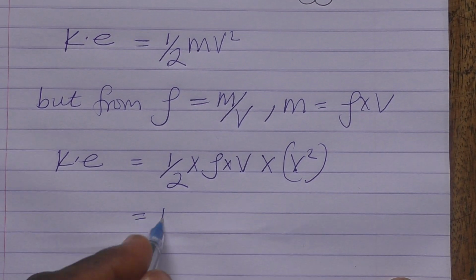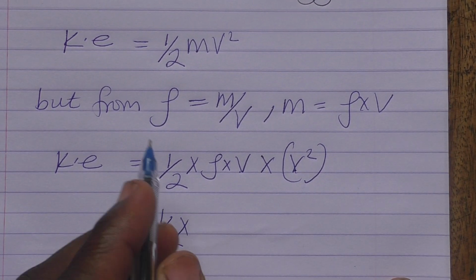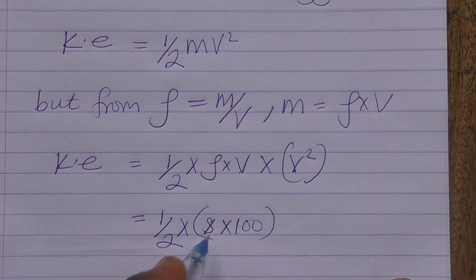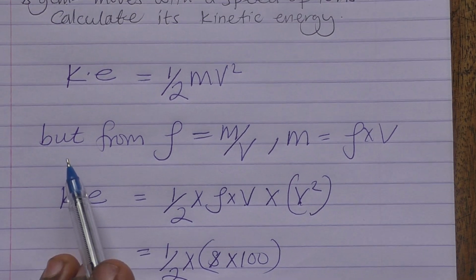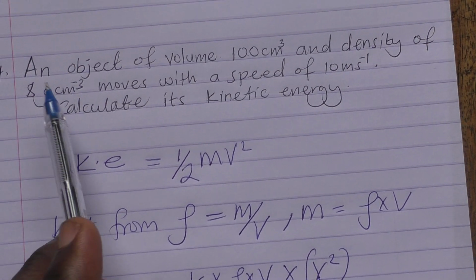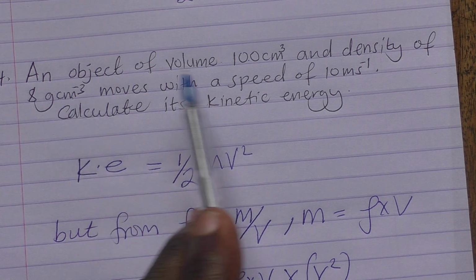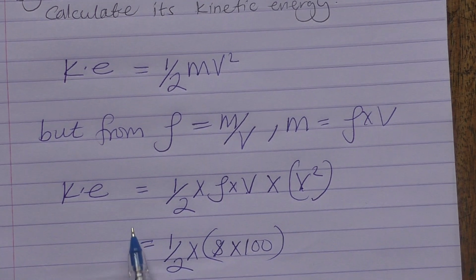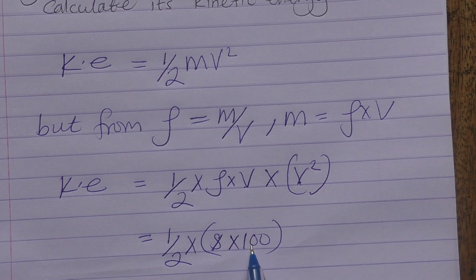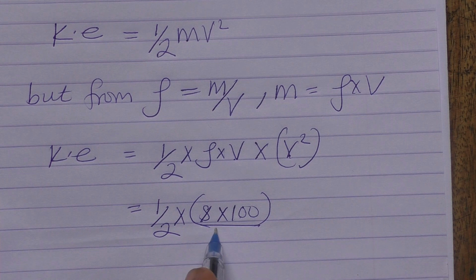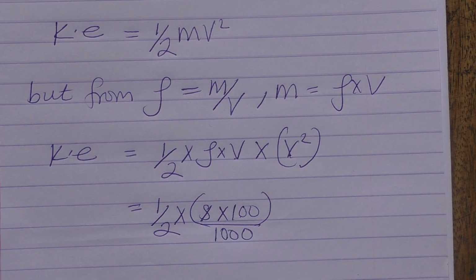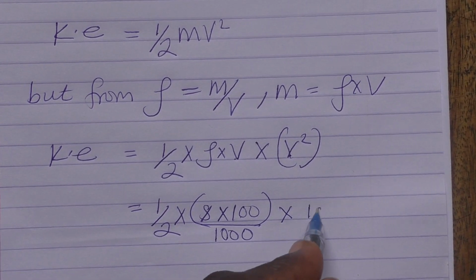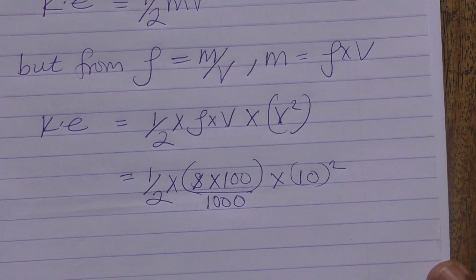So we substitute. This is a half times the density of 8 times the volume of 100. However, this one is in grams per cubic centimeter, this one is in centimeters cubed, meaning that our mass from those units will be in grams. Therefore, we divide by 1,000 to change it to kilograms. Then times the square of the speed, which is 10 squared.